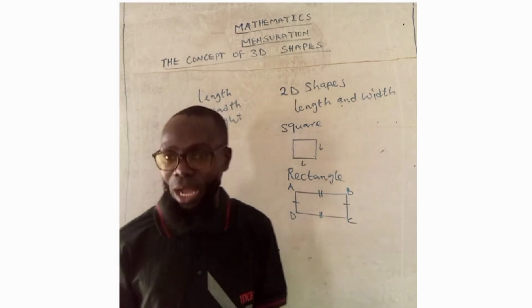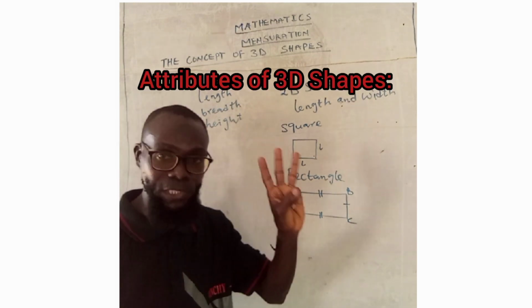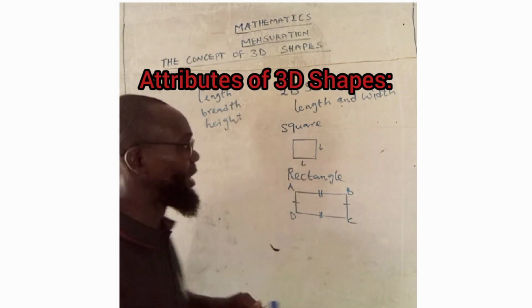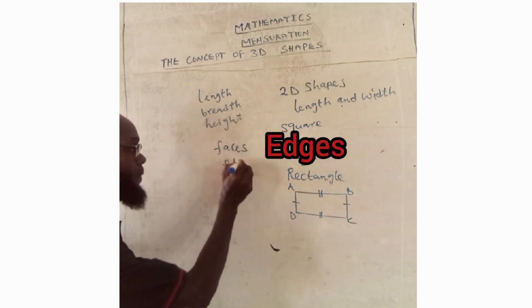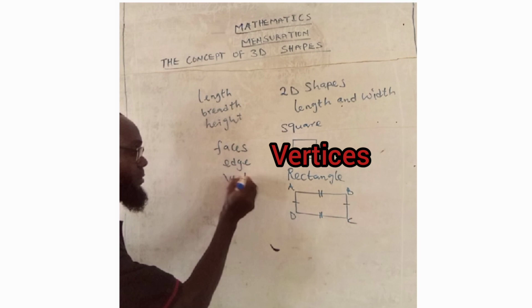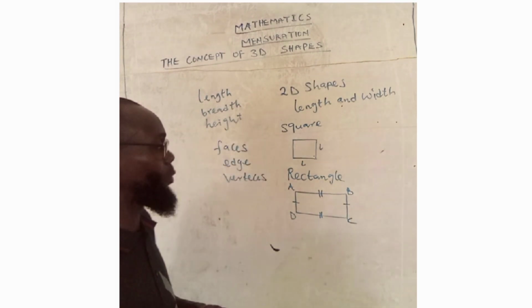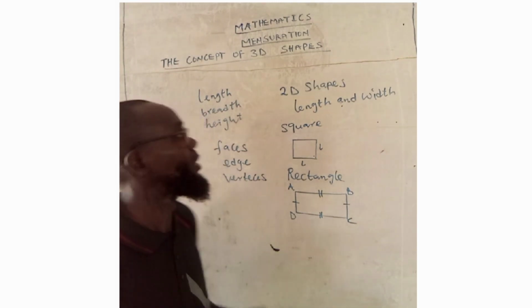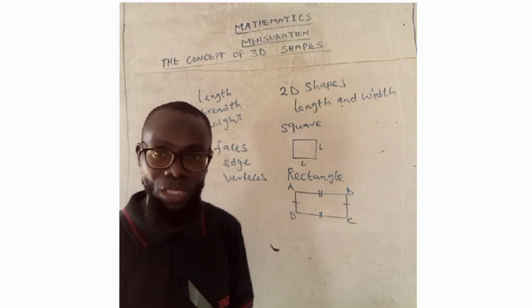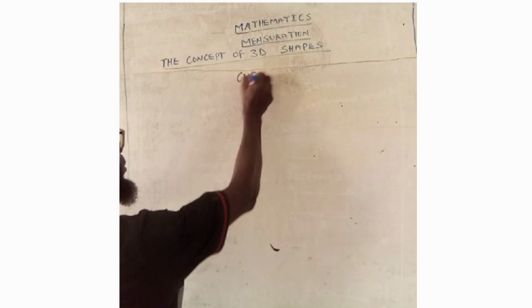Now, these three-dimensional shapes have three attributes, which are the faces, the edges, and the vertices. In this case, we are going to look at specific examples of three-dimensional shapes. Now we look at a cube.